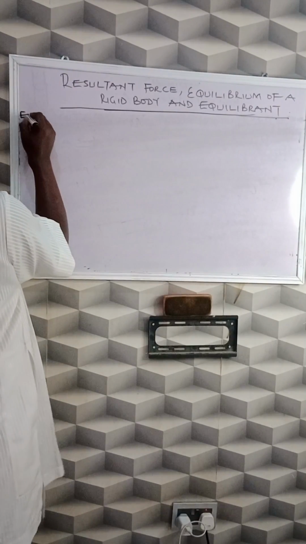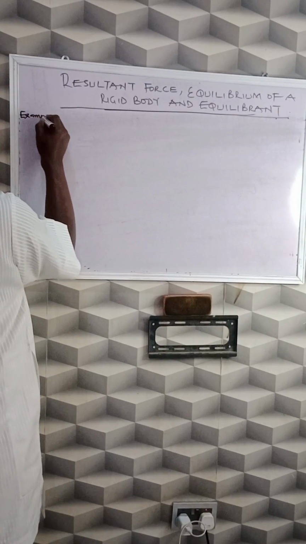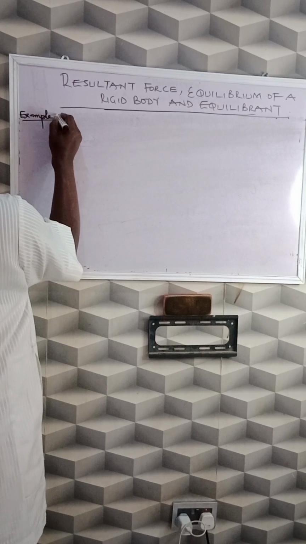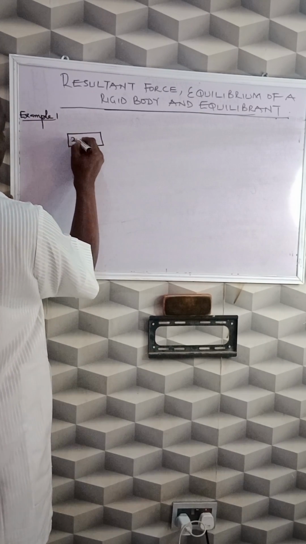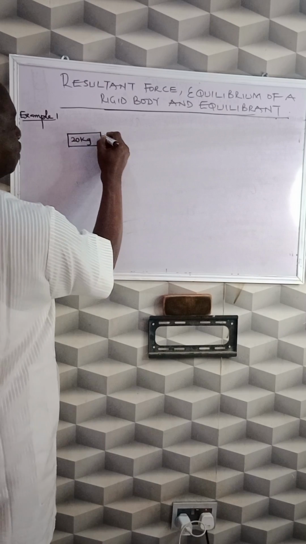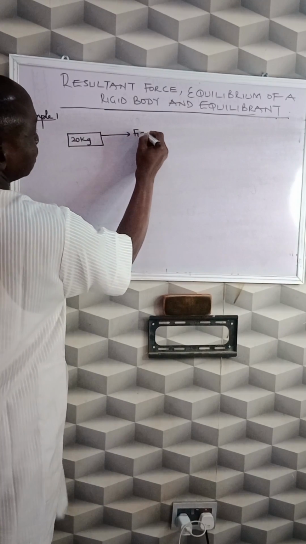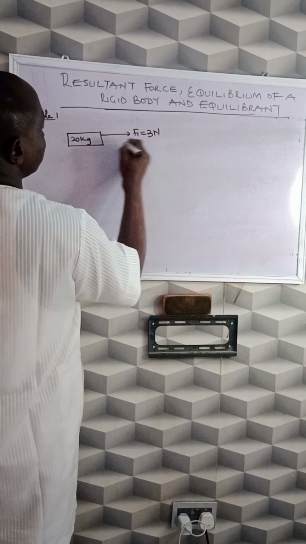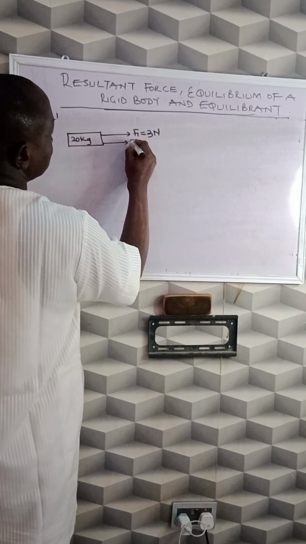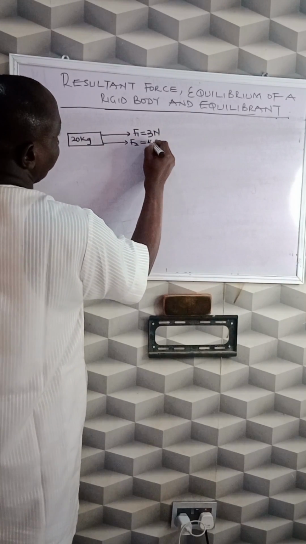Example 1. Given a body of 20 kilograms, force F1 of 3 Newton, and F2 of magnitude 4 Newton. They are acting on the body.